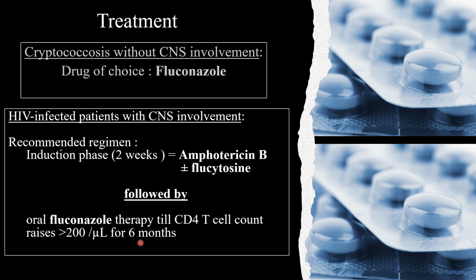This means that for 6 months, the CD4 T cell level should be more than 200 per microliter. Till then, we will be continuing oral fluconazole therapy, and then this will be stopped.